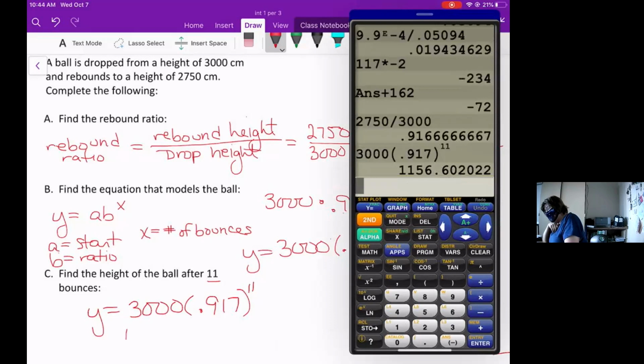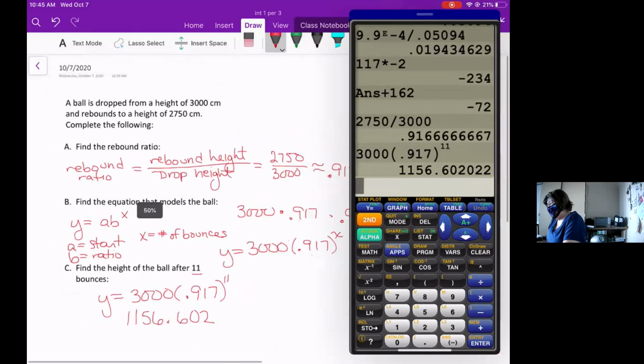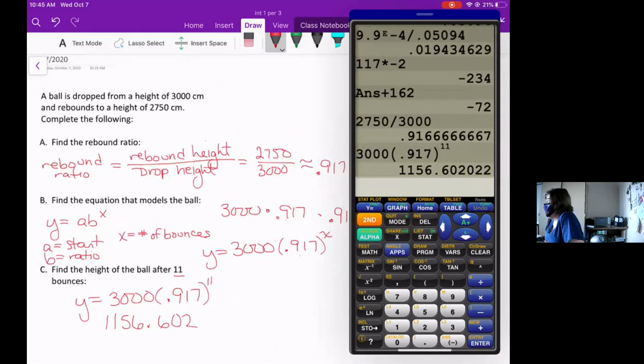And it would be 1,156.602. That would be the height after 11 bounces. Questions? Just to give you an idea, this problem came off of a test from 2 years ago. So you're going to be expected to be able to do this on a test.